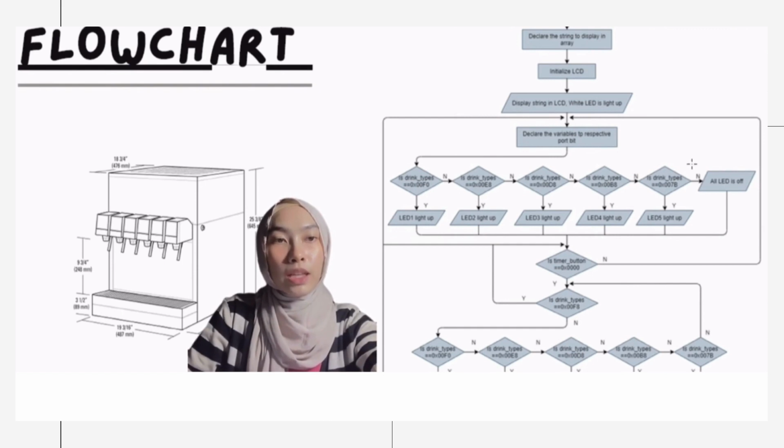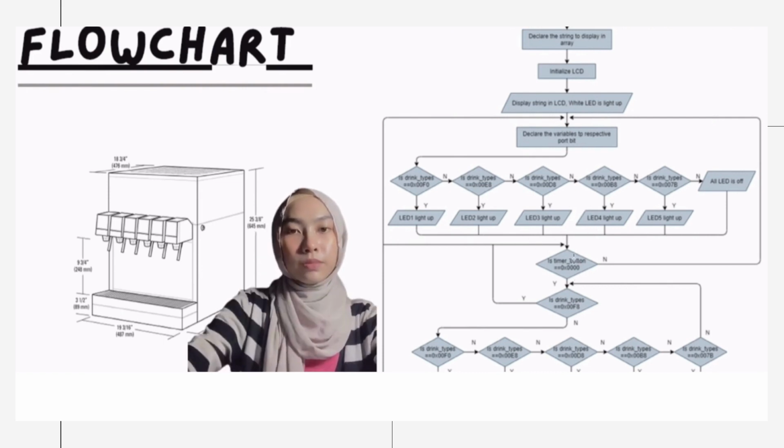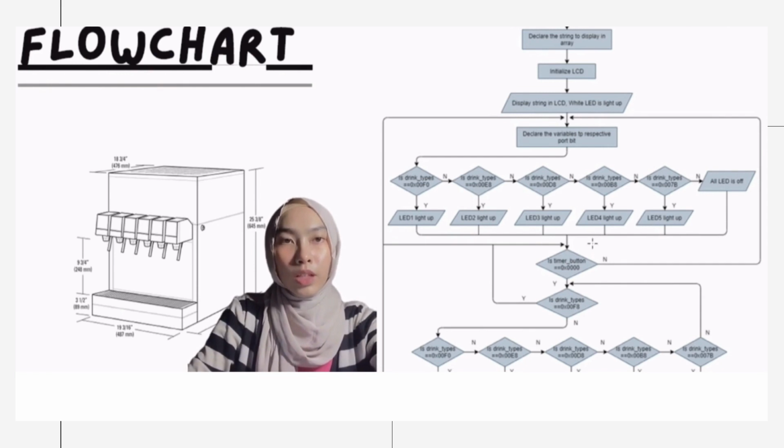If there is no switch on, all LEDs will be off, and the system will continue to check the condition of the timer button variable, and if the timer button variable does not meet the requirement, it will return back to the port to check the drink type variable.